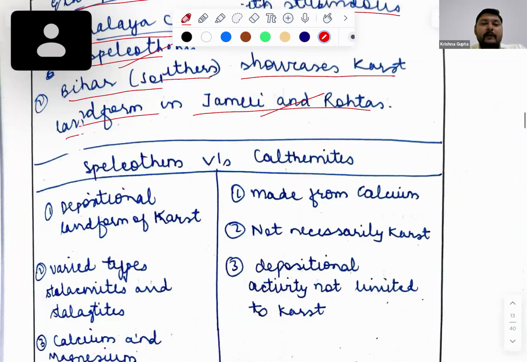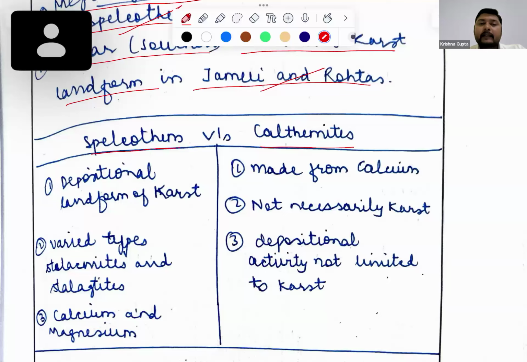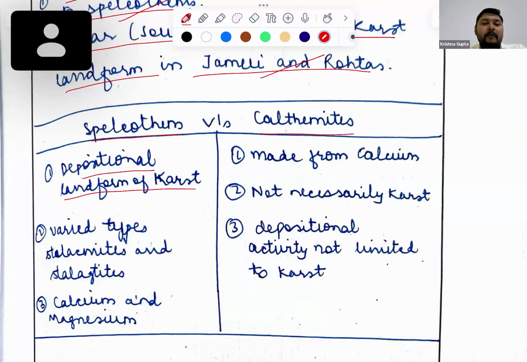Speleothems versus calthemites: depositional landforms of karst made from calcium. We can now add here the pseudokarst. Okay, pseudokarst.